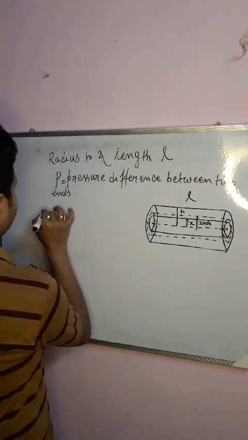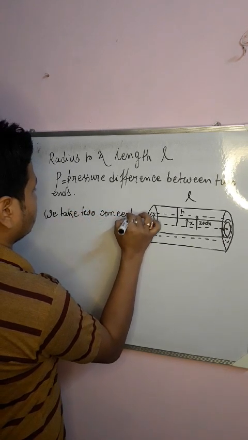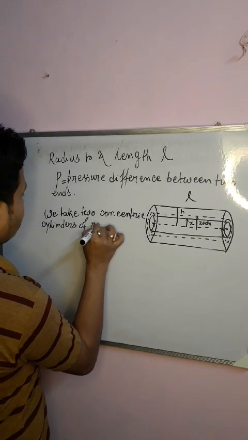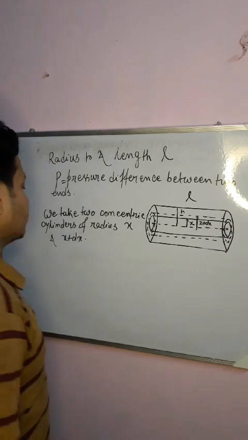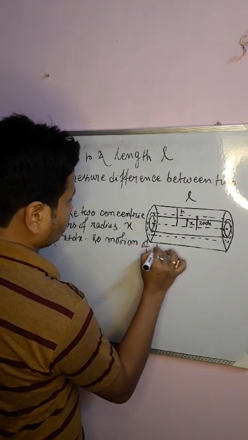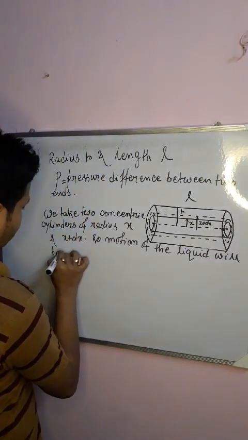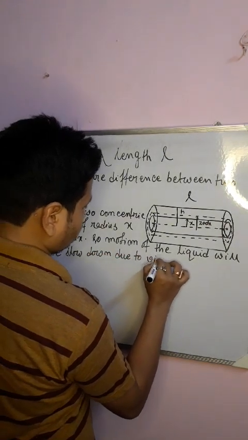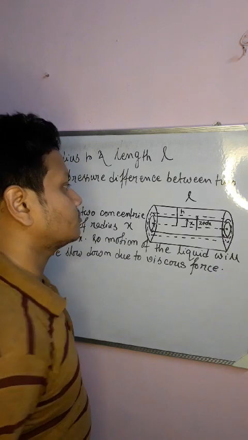So we take two concentric cylinders of radius x and x plus dx, and the motion of the liquid will slow down due to viscous force.